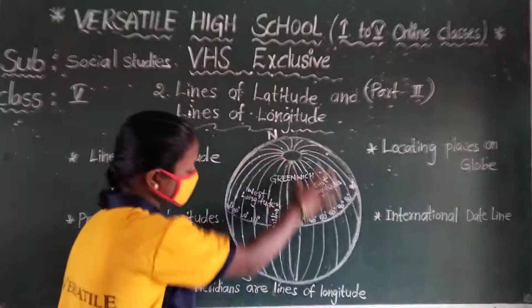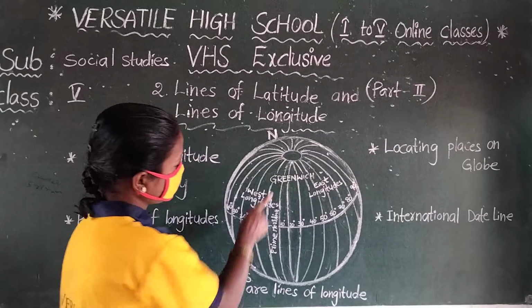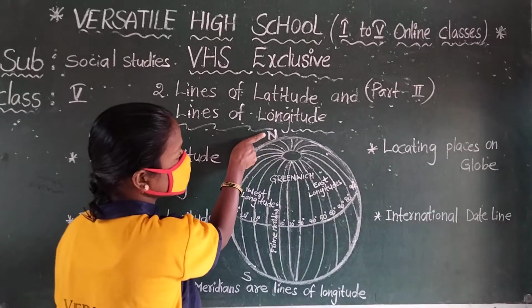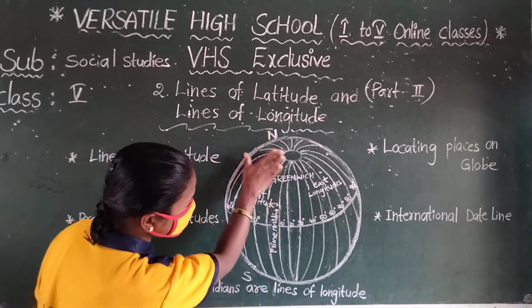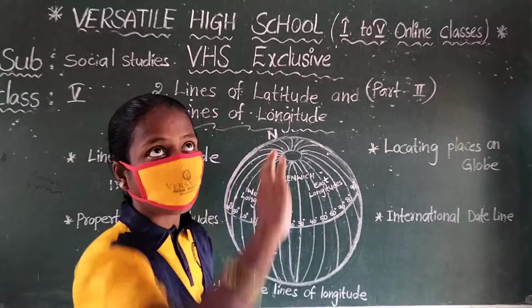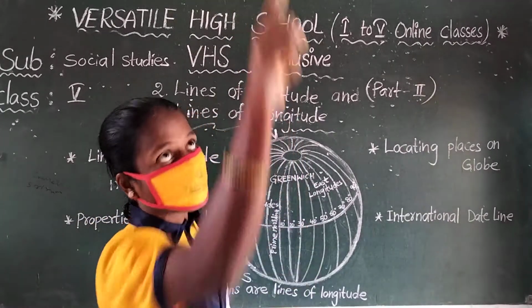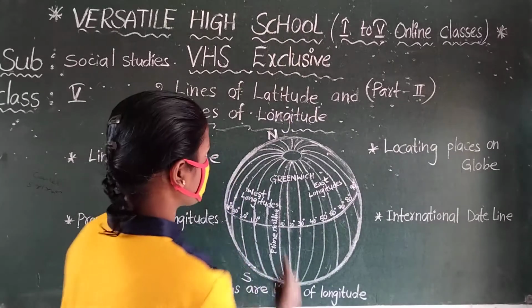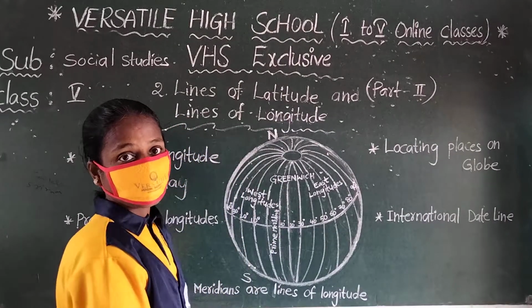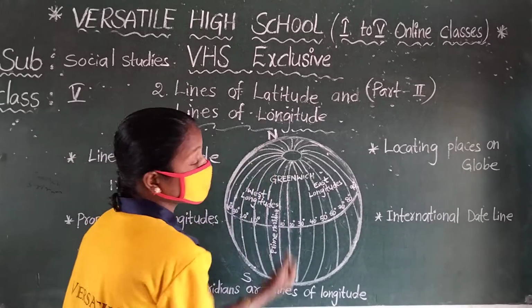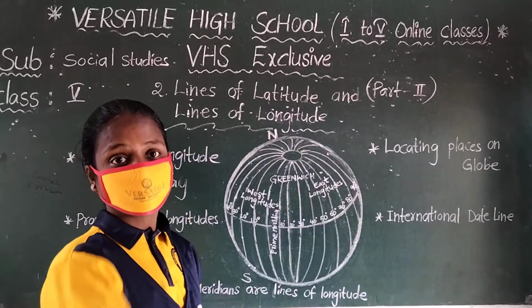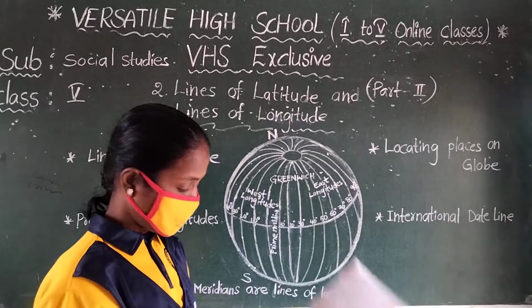See in this picture, these are the lines of longitude. The lines run from north to south. If you take a ball, the lines pass from north to south. That is called lines of longitude. Here the lines of longitude are the same length.